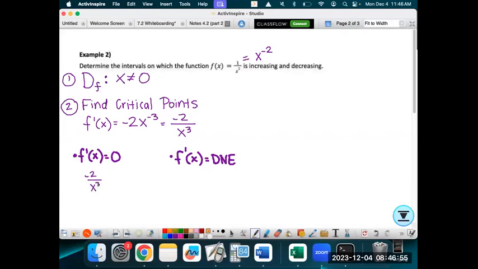So this will actually never equal 0. I have a constant in my numerator. I have a variable in my denominator. If my denominator ever equals 0, that's a problem. So this will never actually equal 0, so there's no solutions from here.